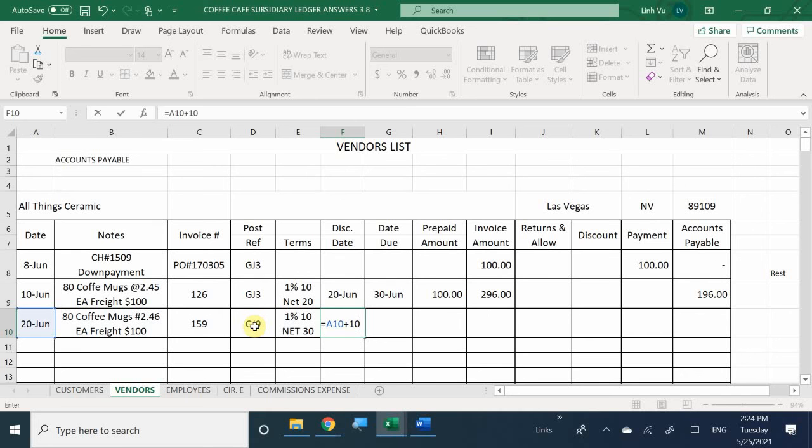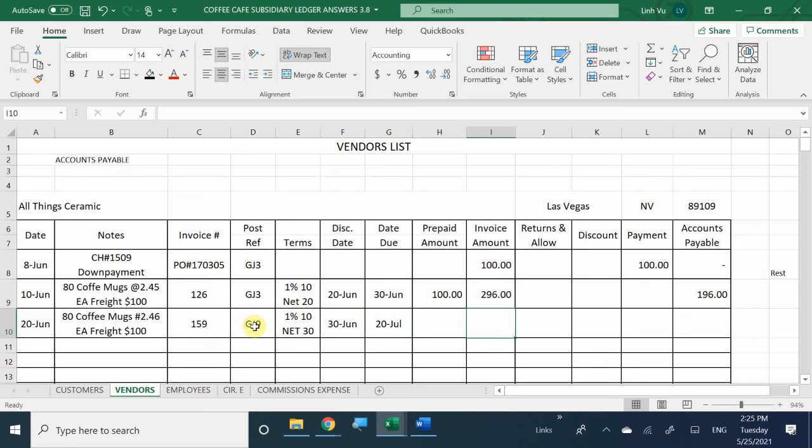Your discount date should be 30 June, and the date due should be 20 July. And put the invoice amount of 296.80.